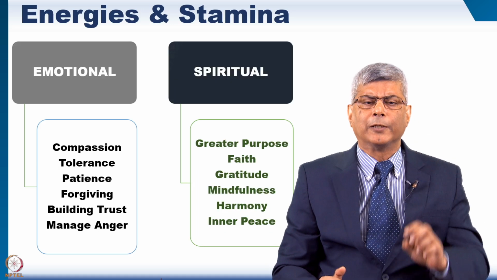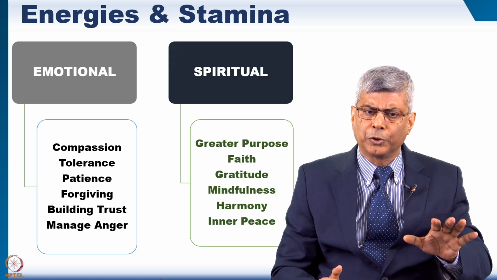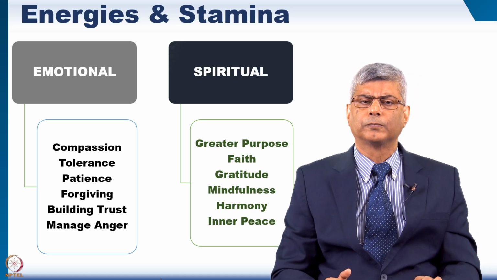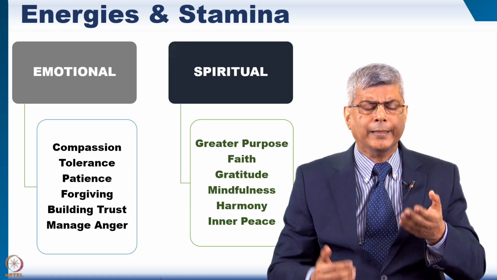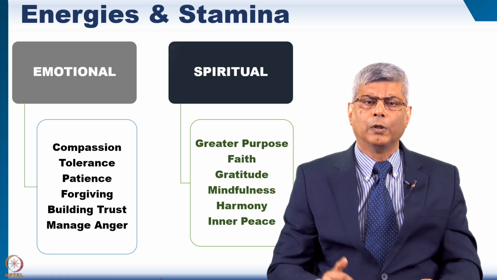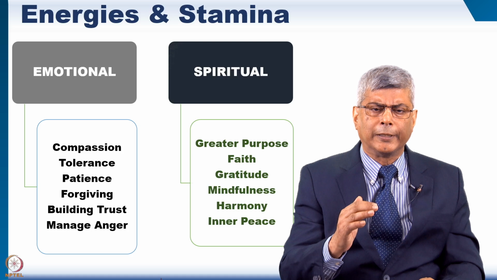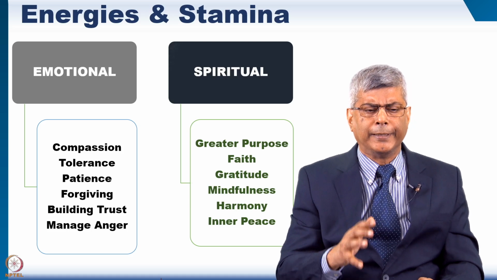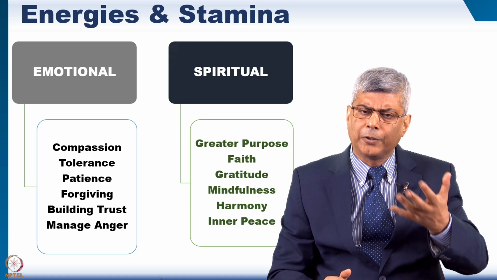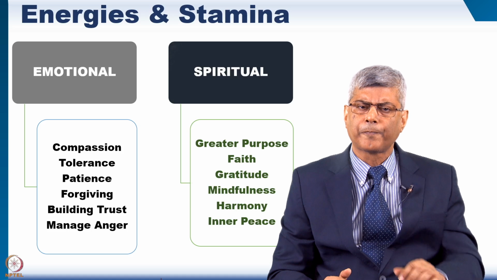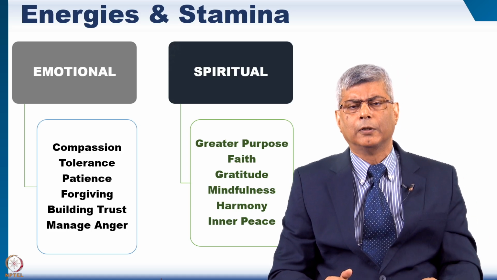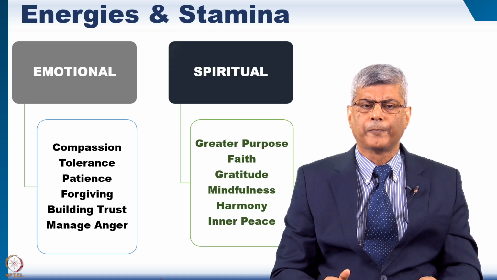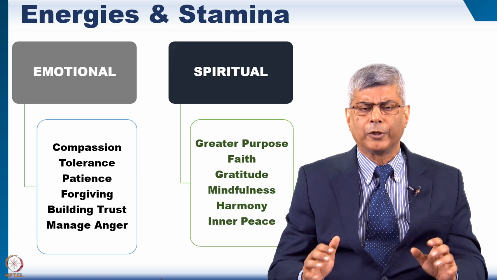There are two other staminas which are extremely important. One is emotional, one is spiritual. Emotional is internally to be emotionally calm, at peace, building trust with others, a forgiving attitude. There will be wrongs in the world. A lot of people will wrong you.